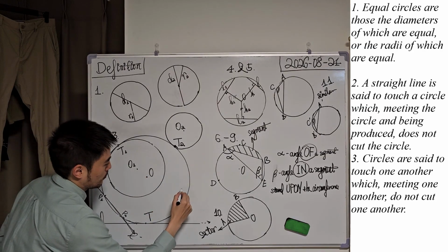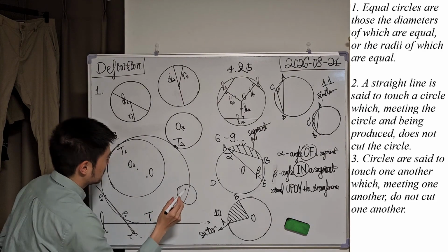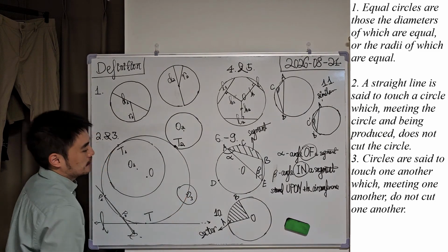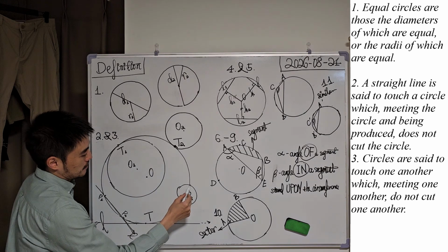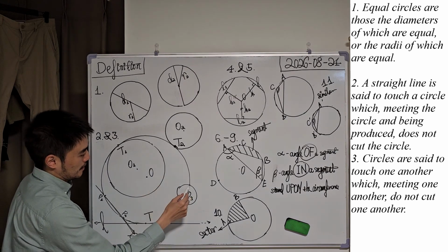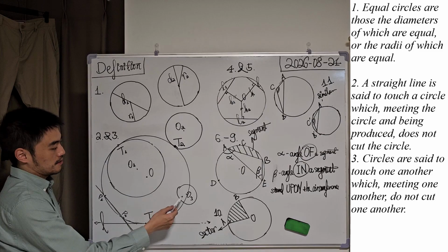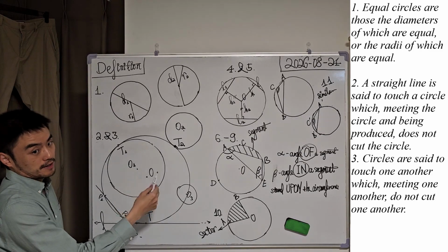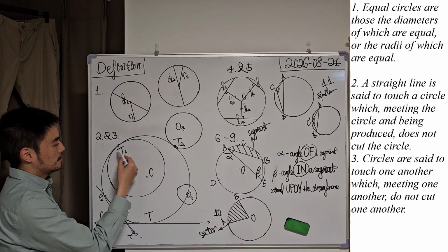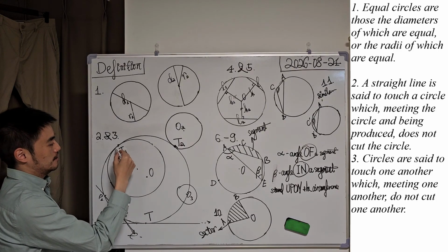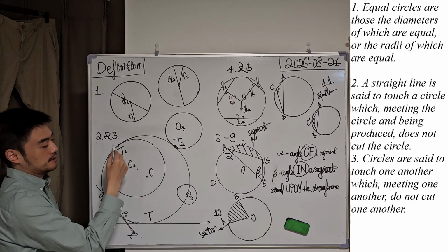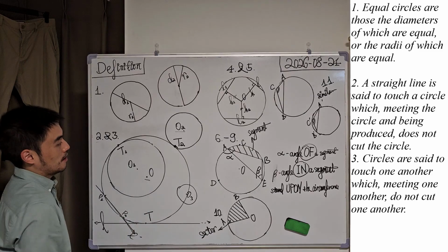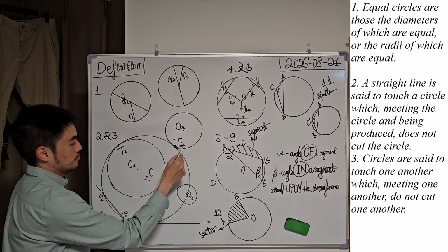Let's say, for example, we have another circle here, circle O3, and it intersects circle O at 2 points. So this is not so-called touching. So if two circles are touching one another, they have only one touching point, or let's say they meet at only one point. And similarly, circle O2 and circle O are touching at point T2.